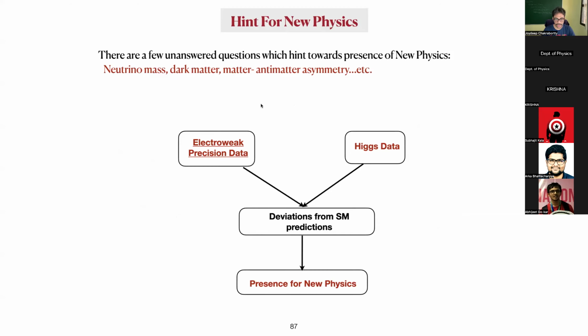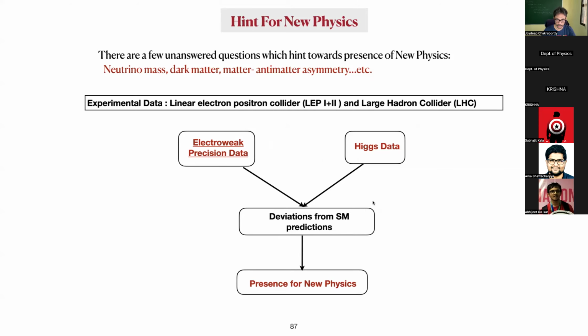So this is the idea of doing that. With the data, I'll be emphasizing more on positive data, which is not a null result, but rather the electroweak precision data and the Higgs data that we have observed. Then we'll calculate the observables of this electroweak precision data and the Higgs data using the standard model effective field theory, and we try to gauge what kind of new physics can be observed.